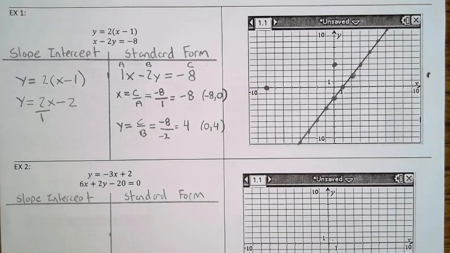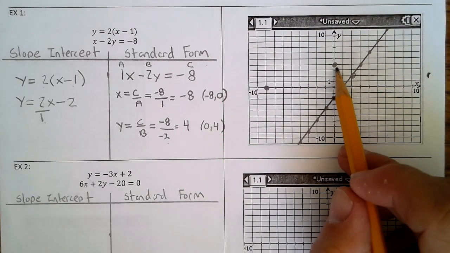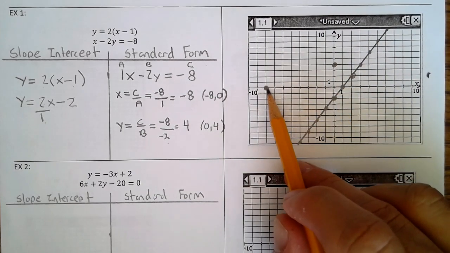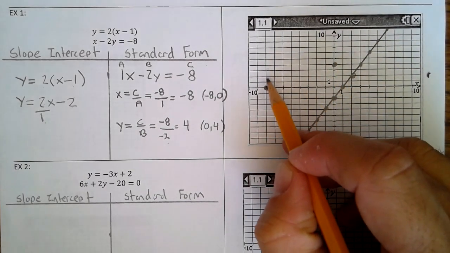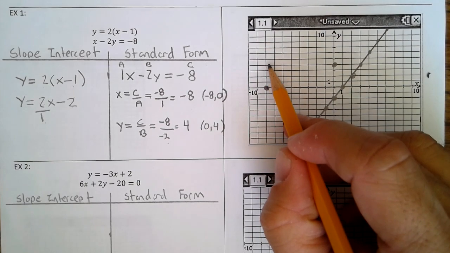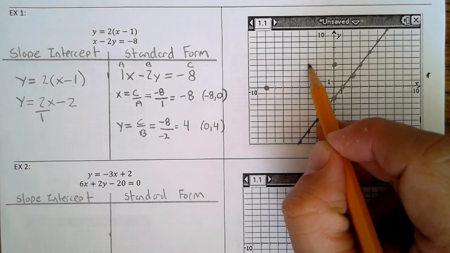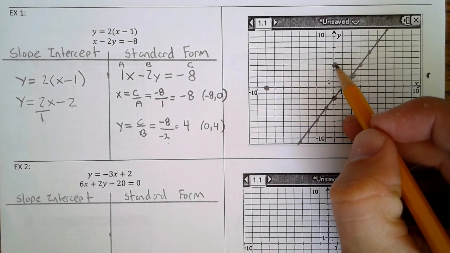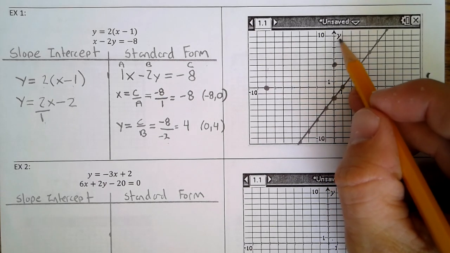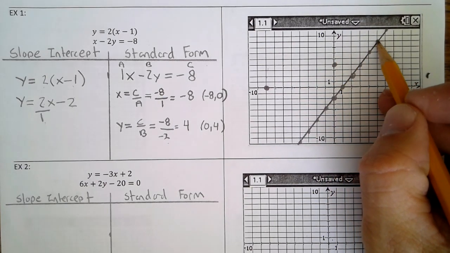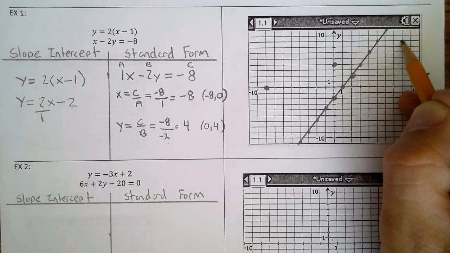Once you have 2 points, draw a line, but I'd go one step further. We can find the slope between the 2 points. So the rise is 4 and the run is 8.